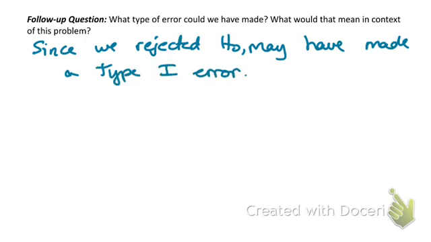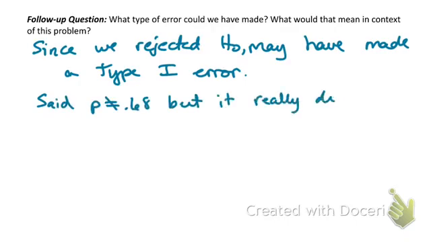So what does that mean happened in context of our problem? That means we said P does not equal 0.68, but it really does. So that means we said that our proportion here at Boyd is different than the national averages, but it's not. It's the same.